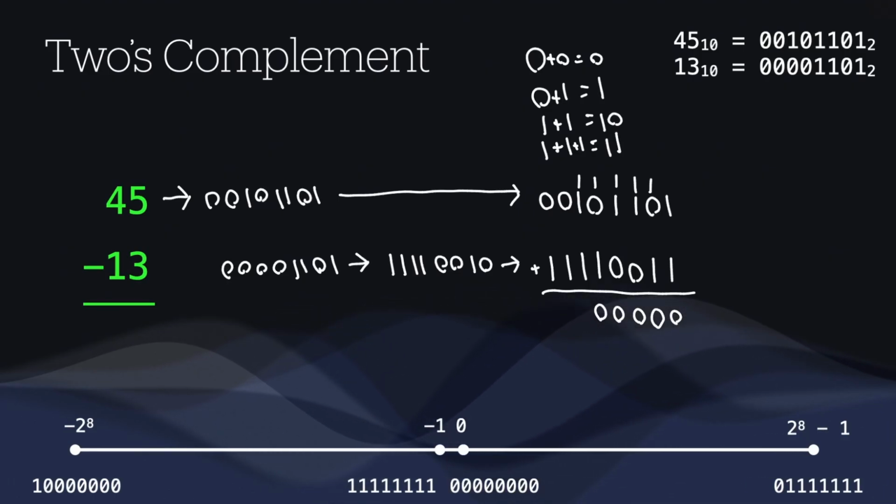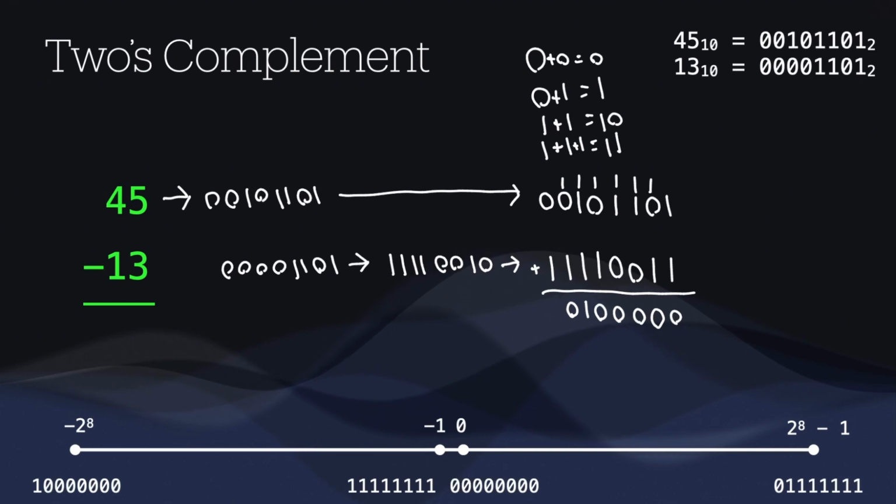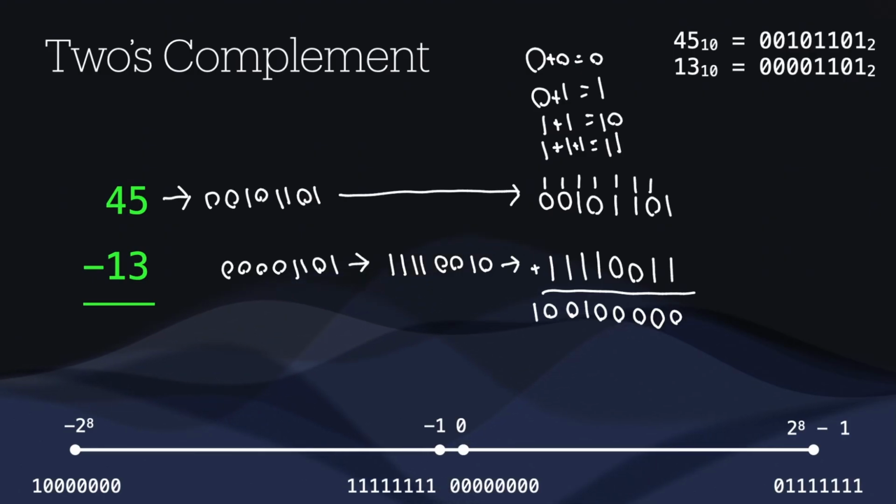Carry the 1. 1 plus 1 plus 1. That's going to be 3. Carry the 1. 1 plus 1, 2. Carry the 1. 1 plus 1 is going to be 2. And just like before, we have 9 bits. Our addition system only allows 8 bits.